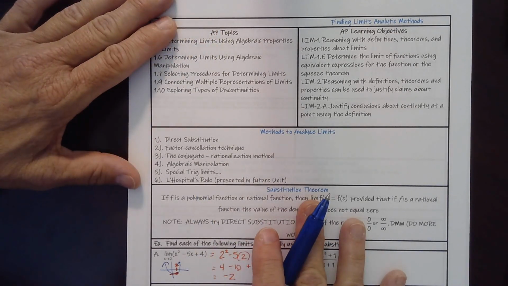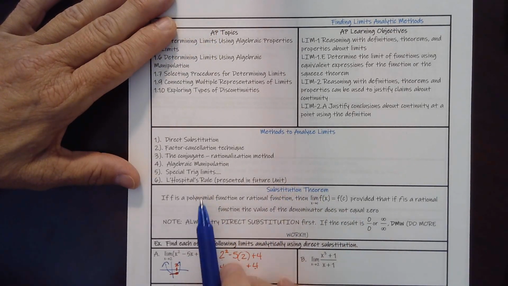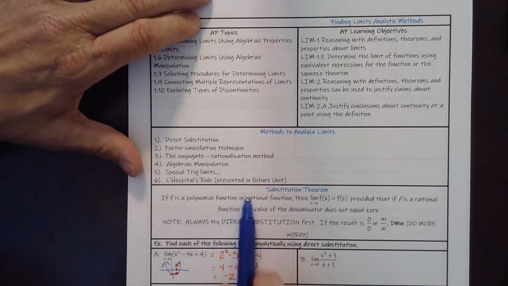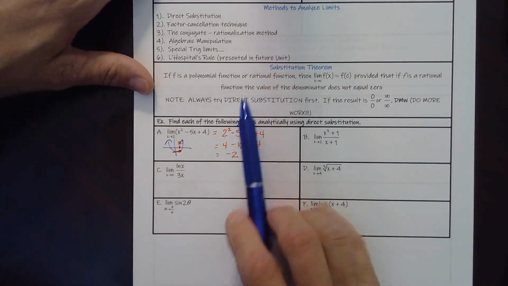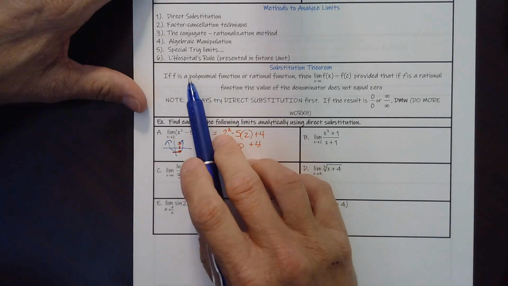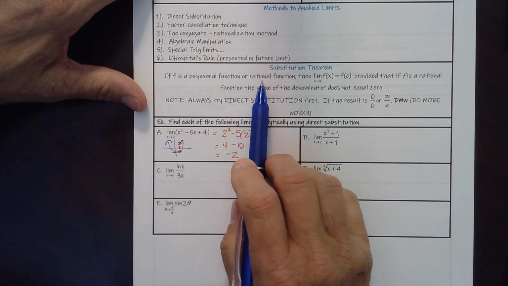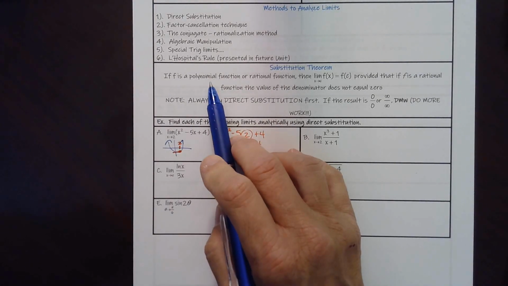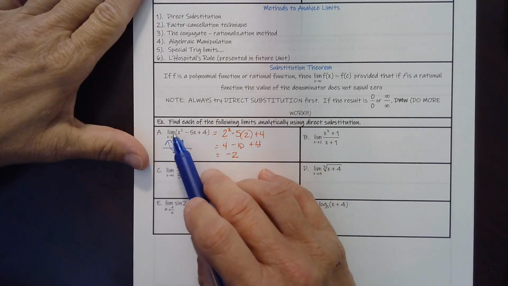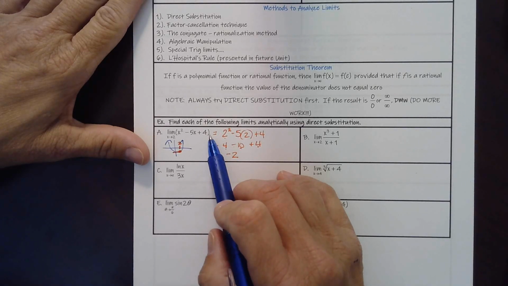So I want us to talk for just a minute about this substitution theorem. Okay, and I'm going to scoot this up. The substitution theorem is simply: if f is a polynomial function or a rational function. Now remember, a polynomial function is simply a function like this quadratic that we have here.